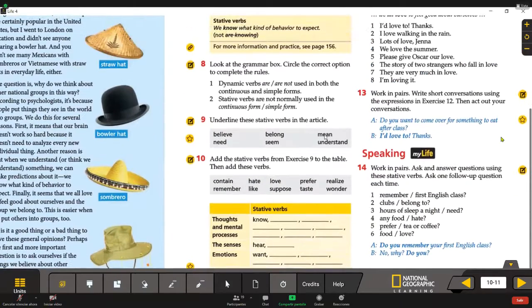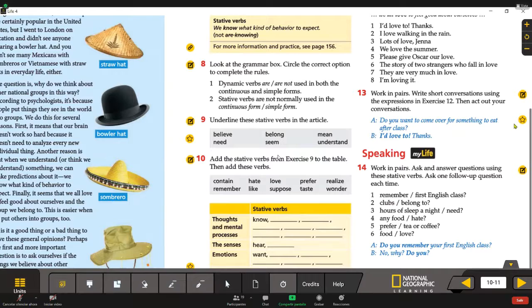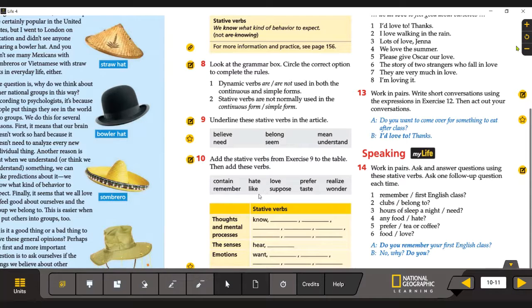And all of these verbs in the gray boxes, they are examples of stative verbs, all of them. Believe, need, belong, etc., etc. Yes? Plus the verbs that I mentioned before. Okay, so from here, you can take the verbs that you want and then include them in your comparative table. Is that okay?